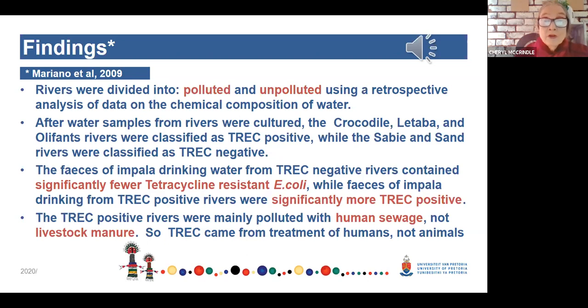We found that when we collected feces of impala along the borders of these rivers, the impala drinking water from Trich negative rivers had significantly fewer tetracycline resistant E. coli, and those from the positive rivers had significantly higher levels of Trich organisms.